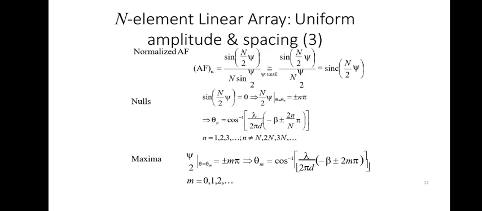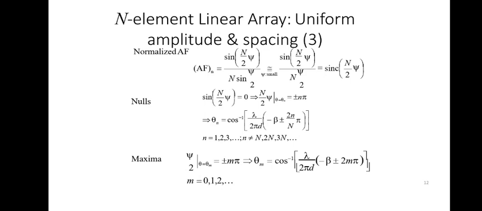Therefore theta n equals cos inverse of (lambda by 2 pi d) times (minus beta plus or minus 2 n pi by N), where n equals 1, 2, 3 and so on, and n is not equal to N, 2N and 3N. This is the condition for the nulls.